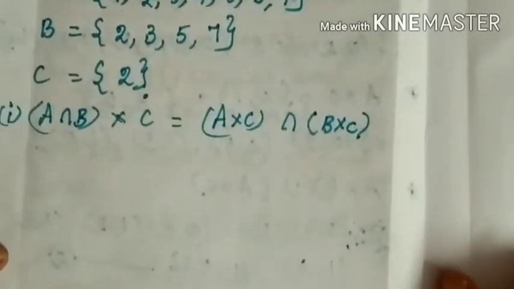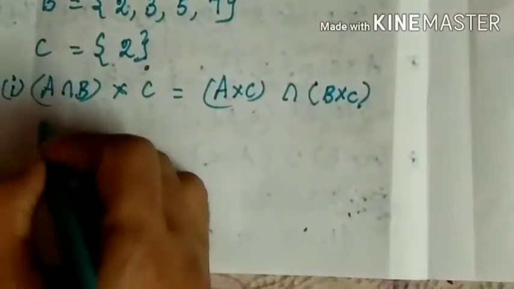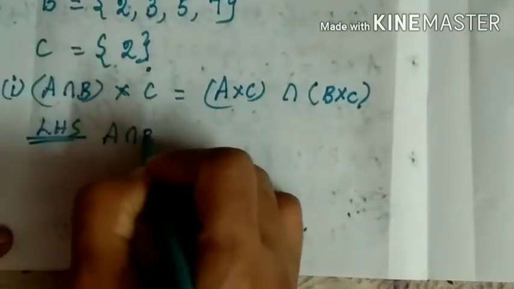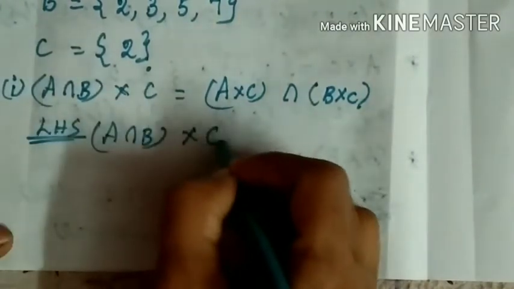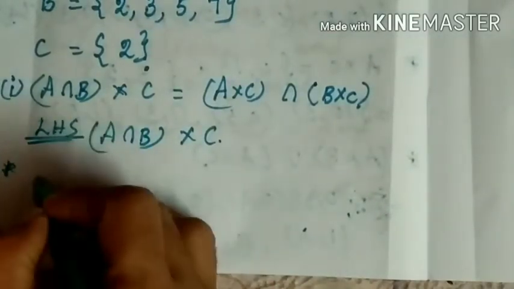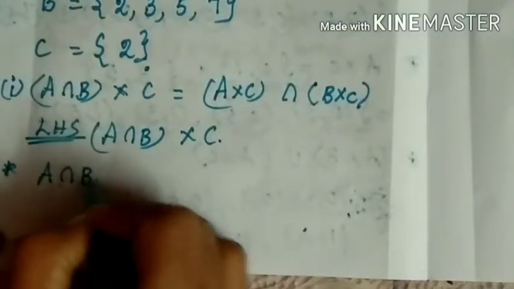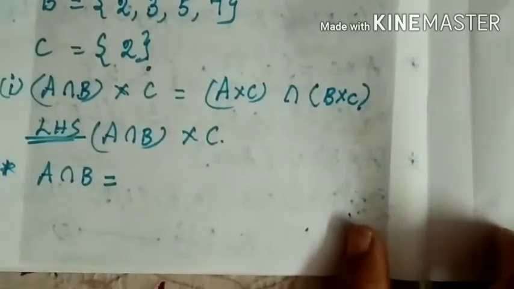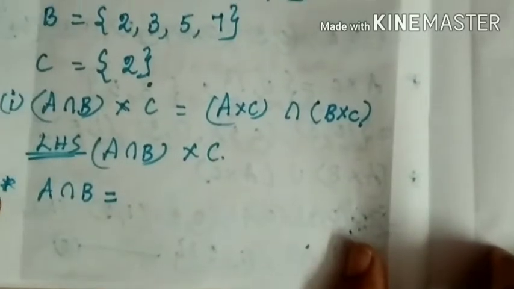Then take the left hand side, LHS: (A intersect B) cross C. First you take the bracket term A intersect B. Intersect means common elements. Okay. See set A and set B common elements.